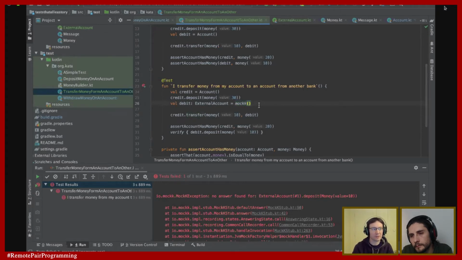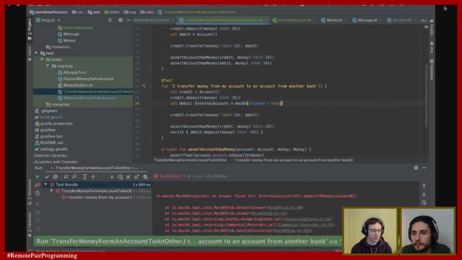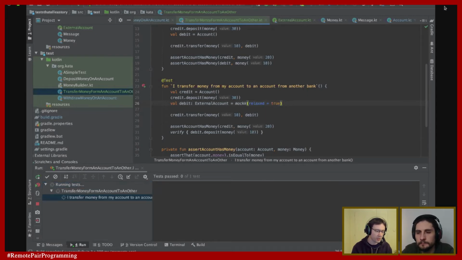This means that if I'm calling something that I have not said I would call, it crashes. So here we have two options. We can either specify that it is relaxed, then it should pass, or we can specify what kind of behavior we would like our mock to have when we call the deposit method on it.